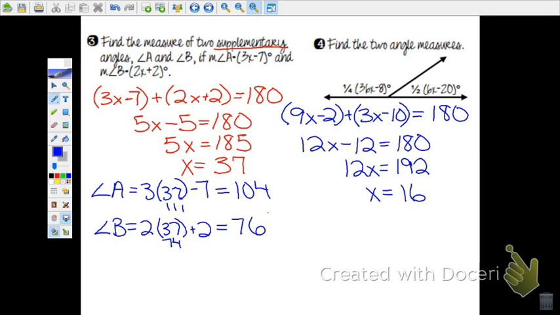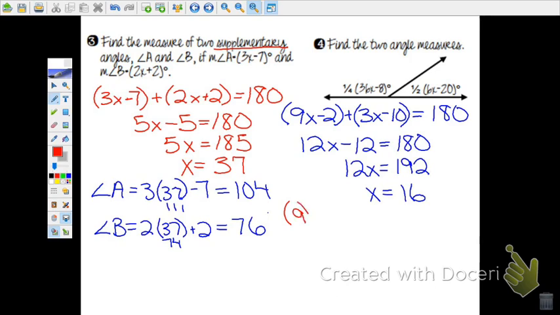They want me to find the 2 angle measures. I'm going to use what I came up with after I did that distribution. Still get big numbers, but not as big as if I was multiplying by 36.